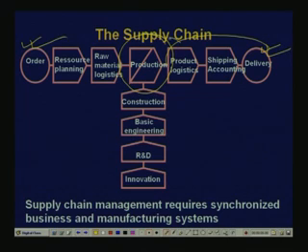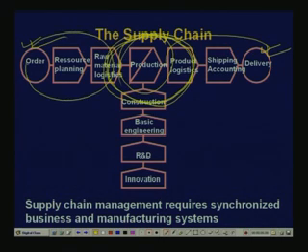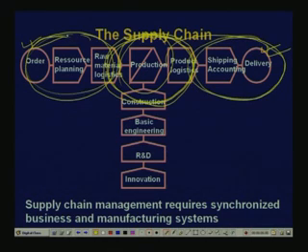And all these DCS and supervisory control actually work only in this part. These other parts are still managed by the enterprise or business systems, which take the product and finally ensure that the order to delivery sequence actually takes place.